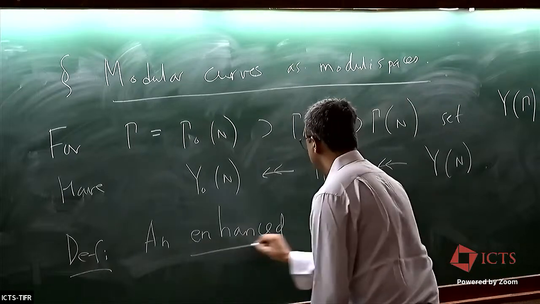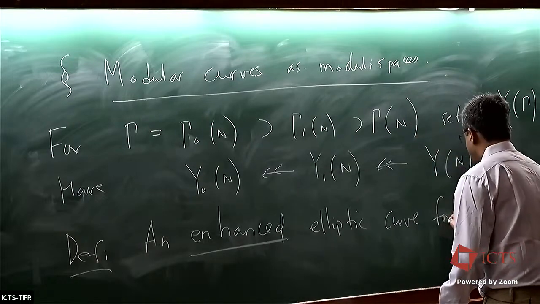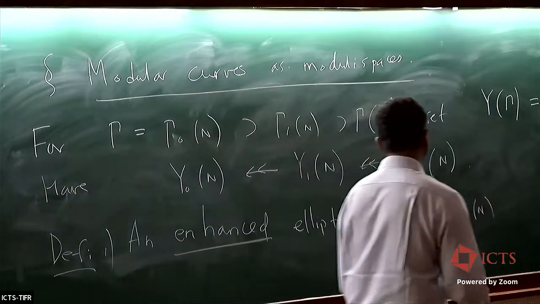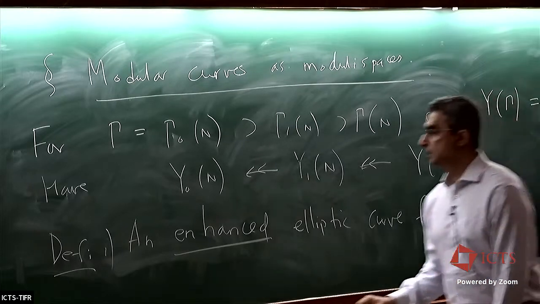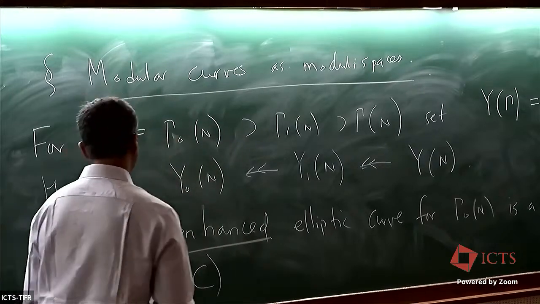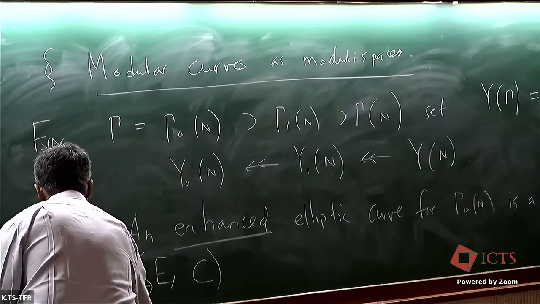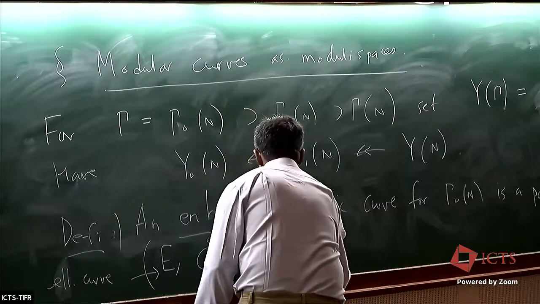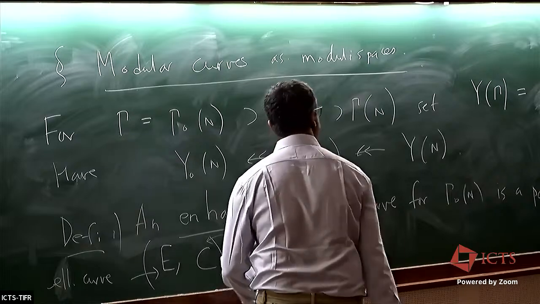An enhanced elliptic curve for Gamma naught N is a pair consisting of an elliptic curve over C and a cyclic subgroup of order N.